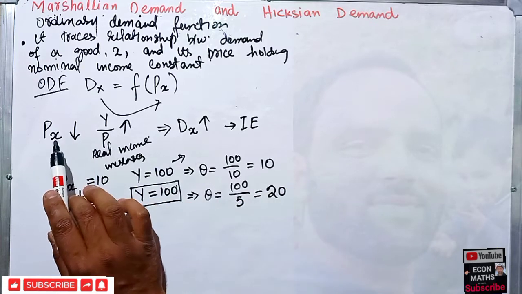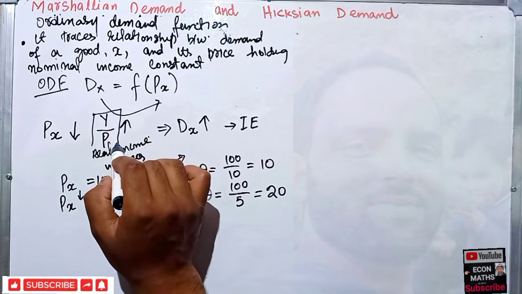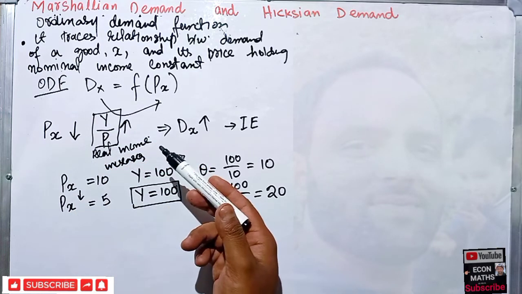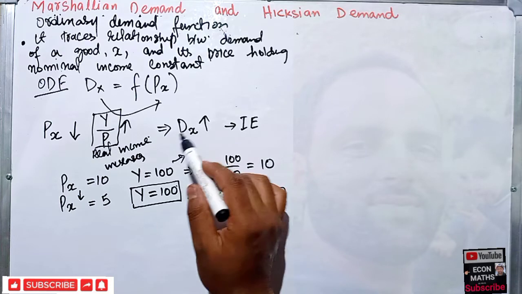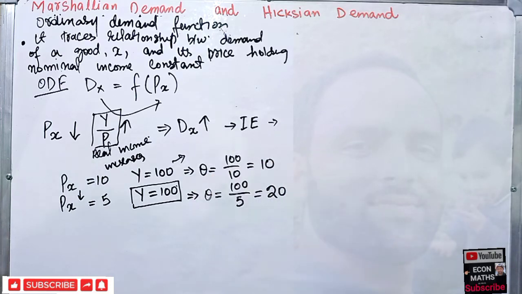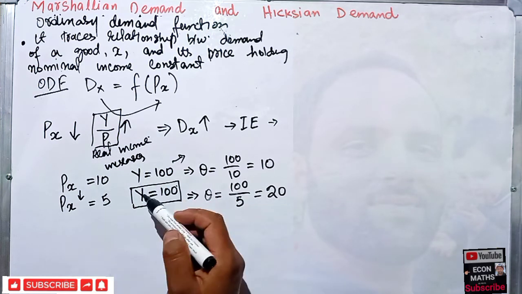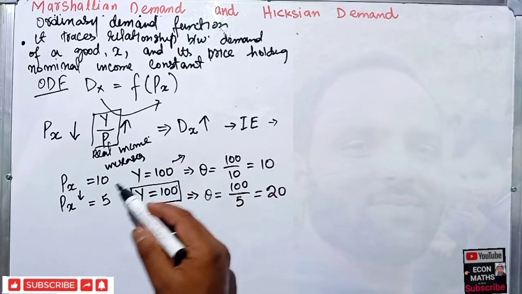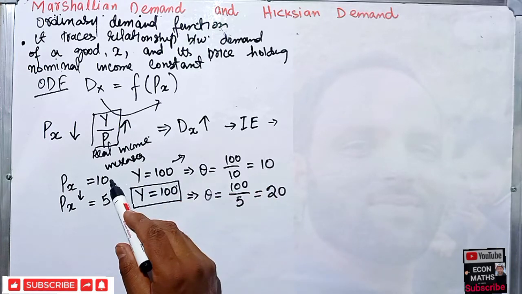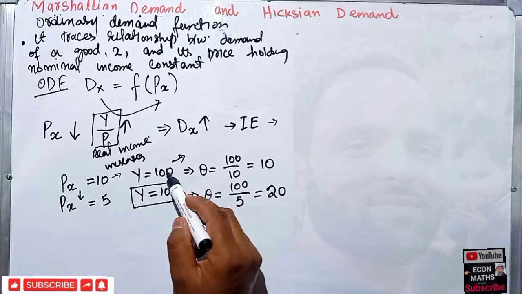If the price of a good decreases, the consumer's real income will increase, and subsequently demand for the good will increase, and this is called the income effect. So the ordinary demand function contains the income effect. Let us say the price of the good was 10, income was 100.